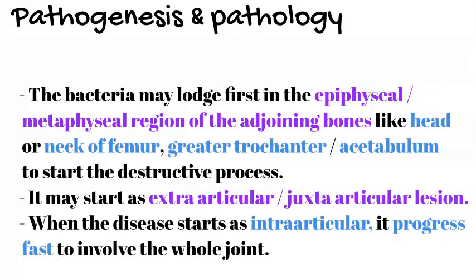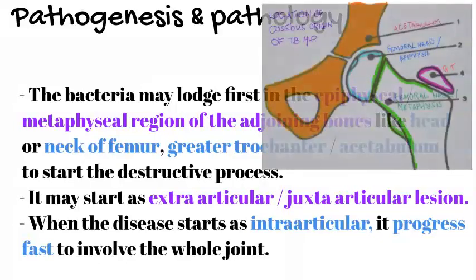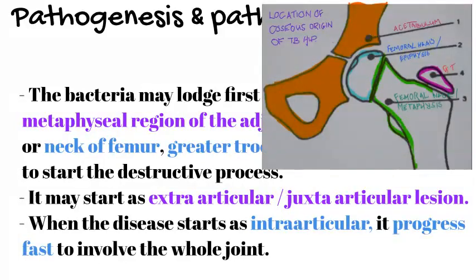This picture illustrates the location of osseous origin of the tuberculous hip. 1 is the acetabular region, 2 the femoral head or the epiphysis, 3 greater trochanter, 4 the femoral neck or metaphysis region.